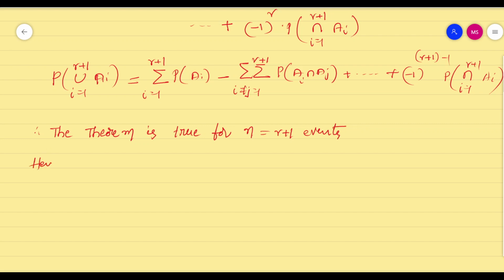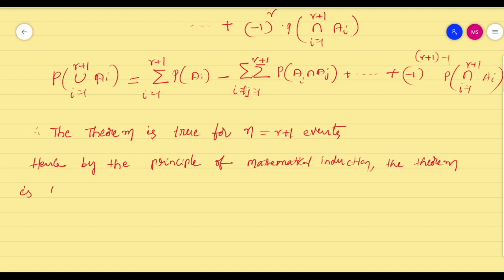Hence, by the principle of mathematical induction, the theorem is true for all positive integral values of n.